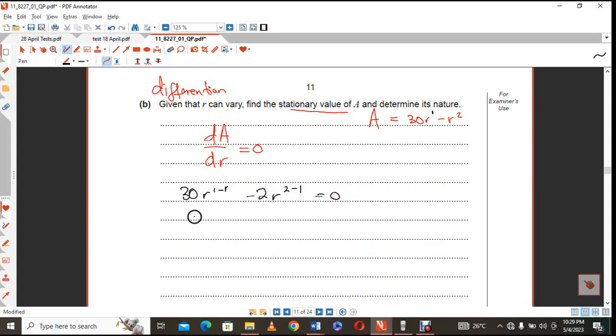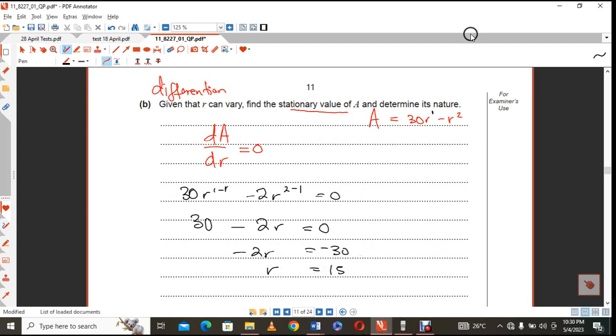So this basically gives you 30 minus 2r is equal to 0. Now we have done our first derivative, so from here you can calculate what the value of r will be. That's minus 2r is equal to minus 30. So r will be 30 divided by 2, that is going to be 15.